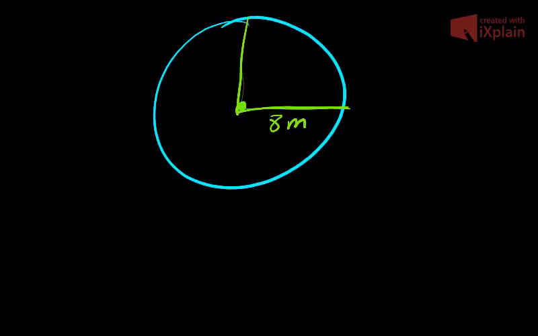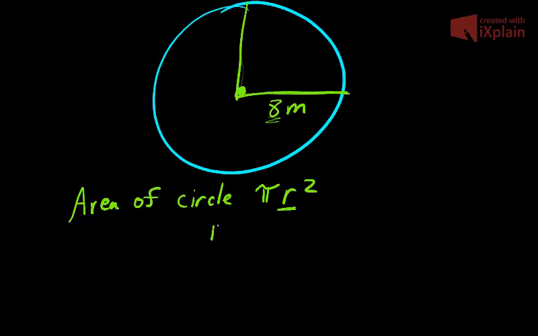The first thing I'm going to do is find the area of the whole circle, using the formula pi r squared. My r is 8, so I get pi times 8 squared, and 8 squared is 64, so I have 64 pi meters squared.